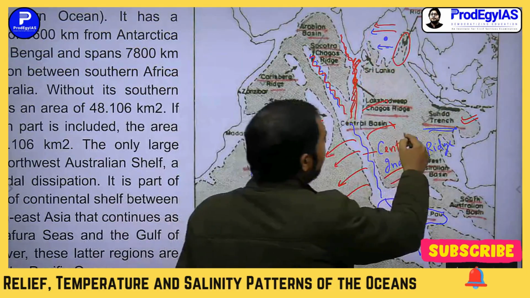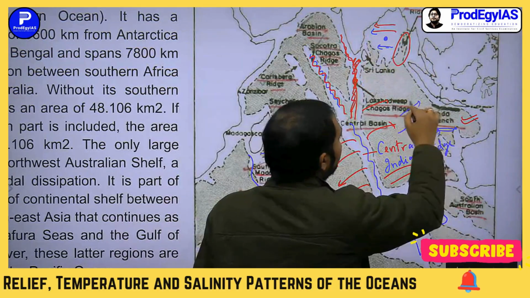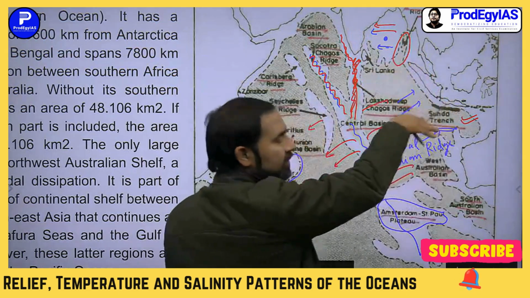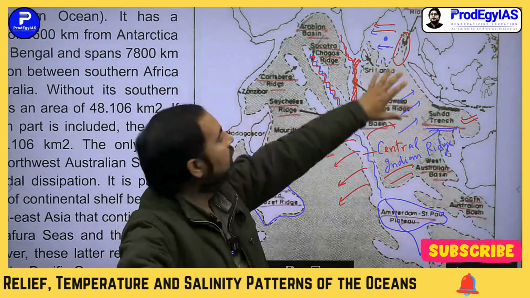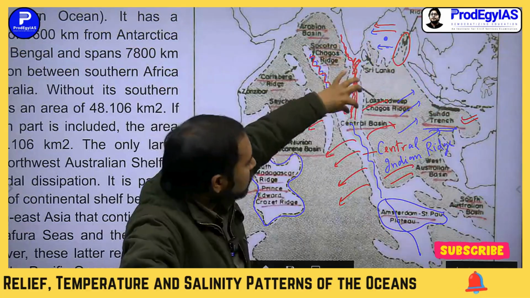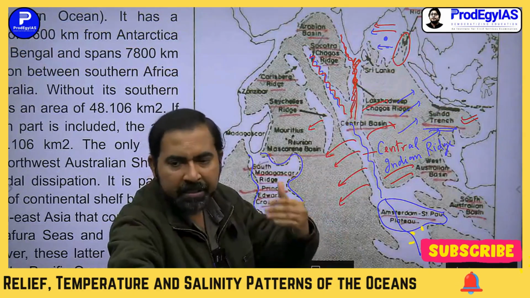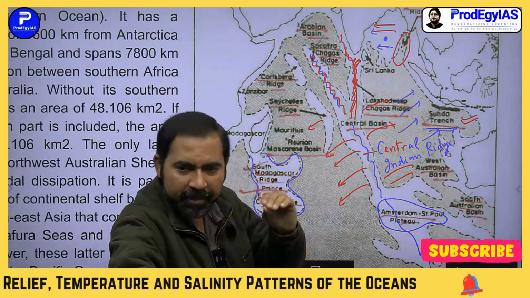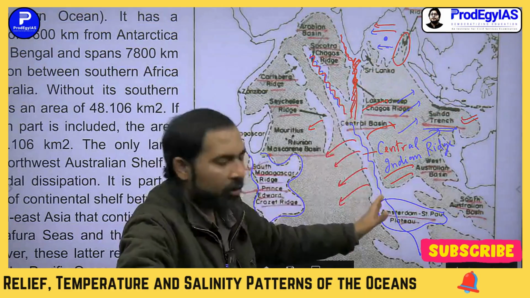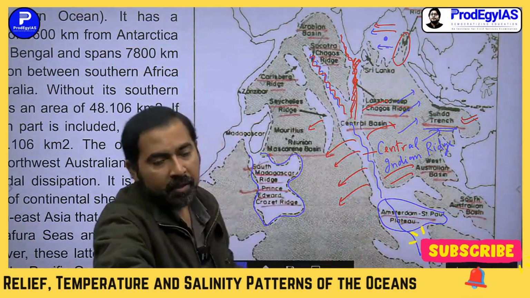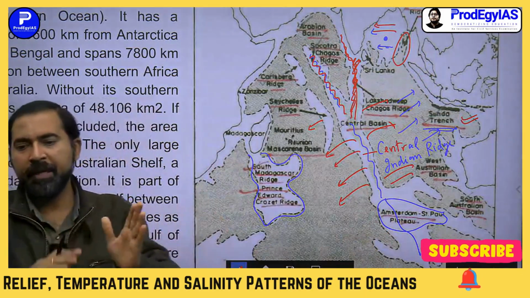Means only here the plate is going under this continental part. All this part is not so active. Means you can say that though magma is coming out, it is in very small amount from here. It is not very active. That is why the sea floor spreading is not the same.